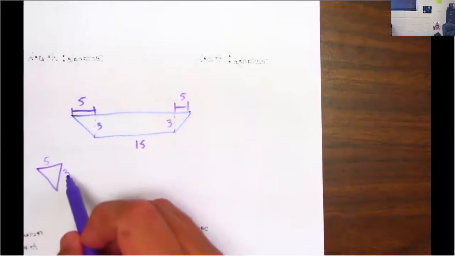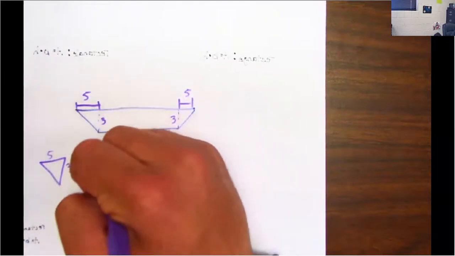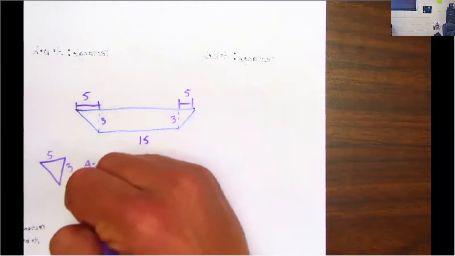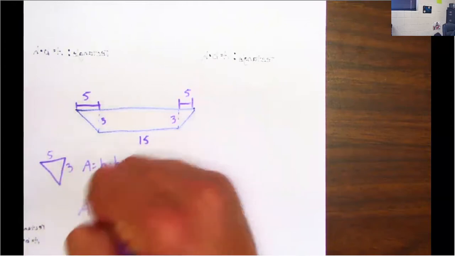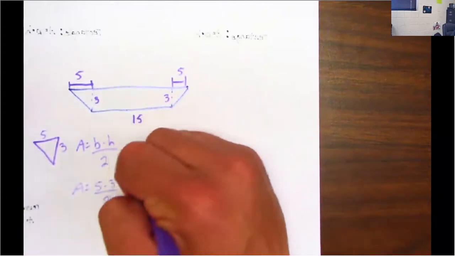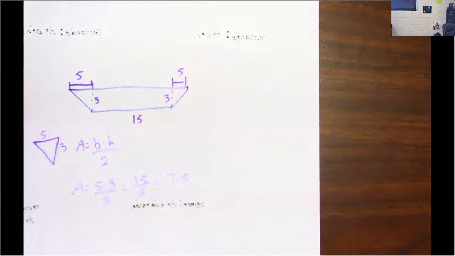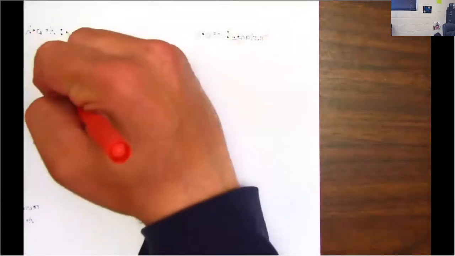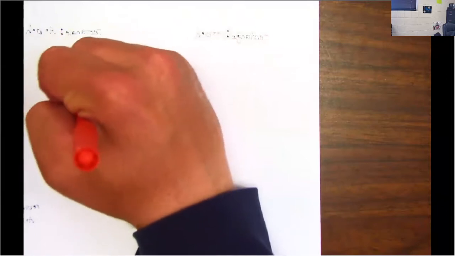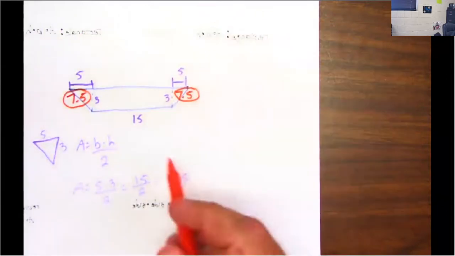So base times height divided by 2. So that would be 5 times 3 divided by 2. Well, guys, 5 times 3 is 15 divided by 2 is 7.5. So guys, this triangle is 7.5. And this triangle right here is also 7.5.